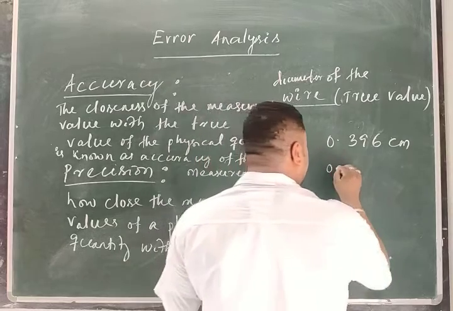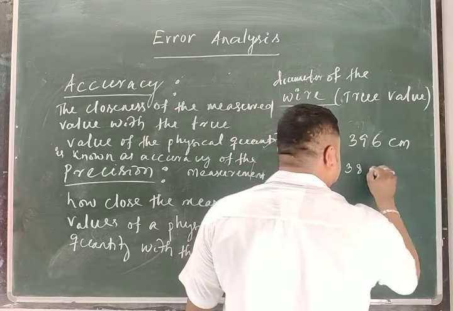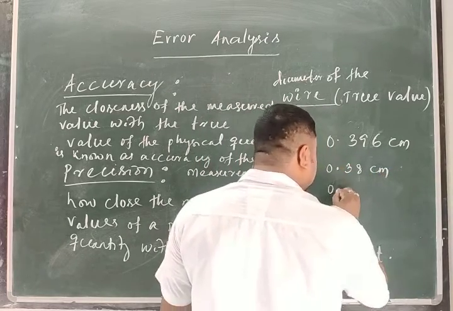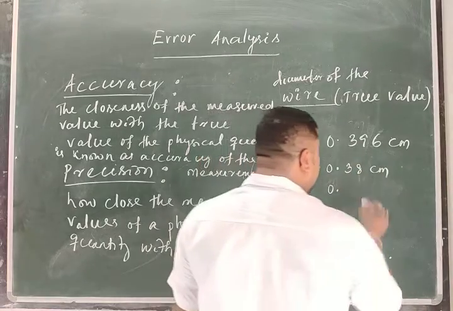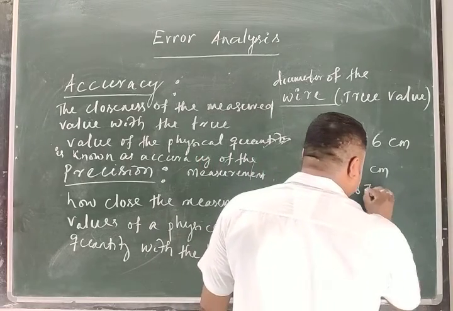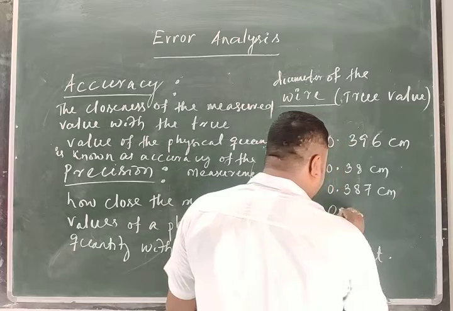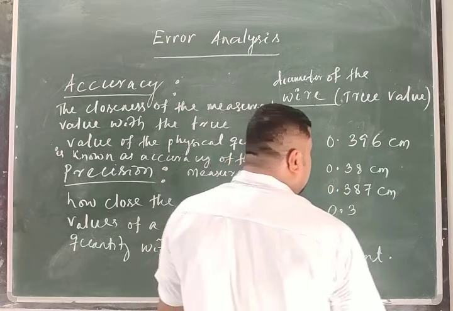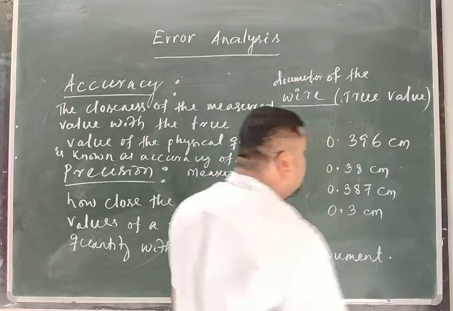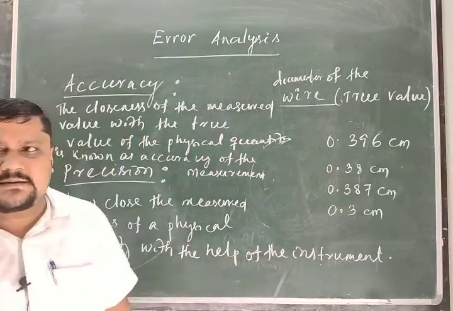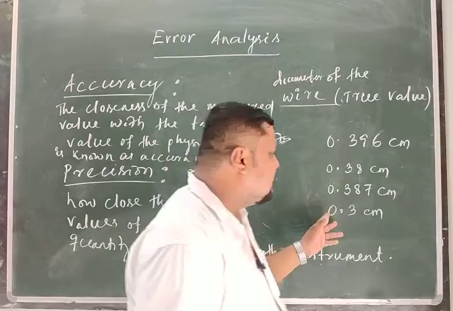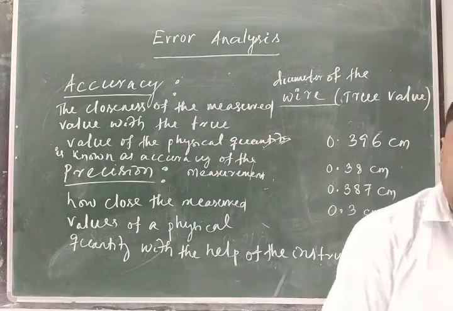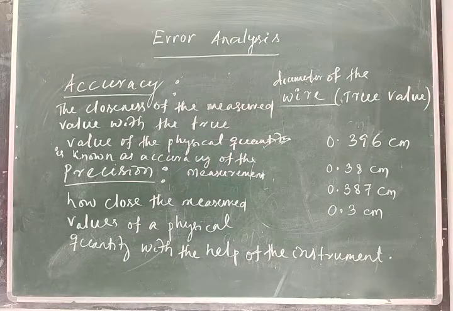I got the measured value as 0.38 cm. By another instrument, I got 0.87 cm. Then by another one, I got 0.3 cm. There are three measurements using three instruments.